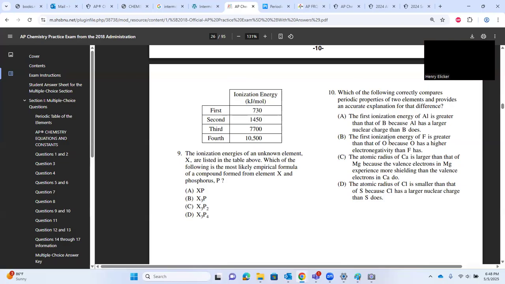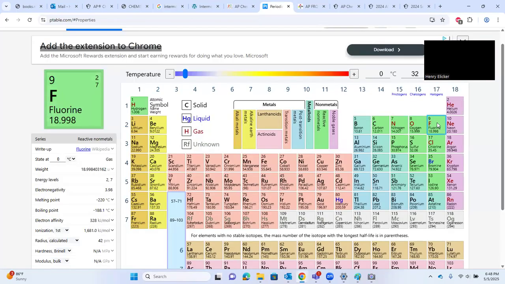How about the first ionization energy of F is greater than that of O? Well, that is true. Fluorine is more to the right of oxygen.